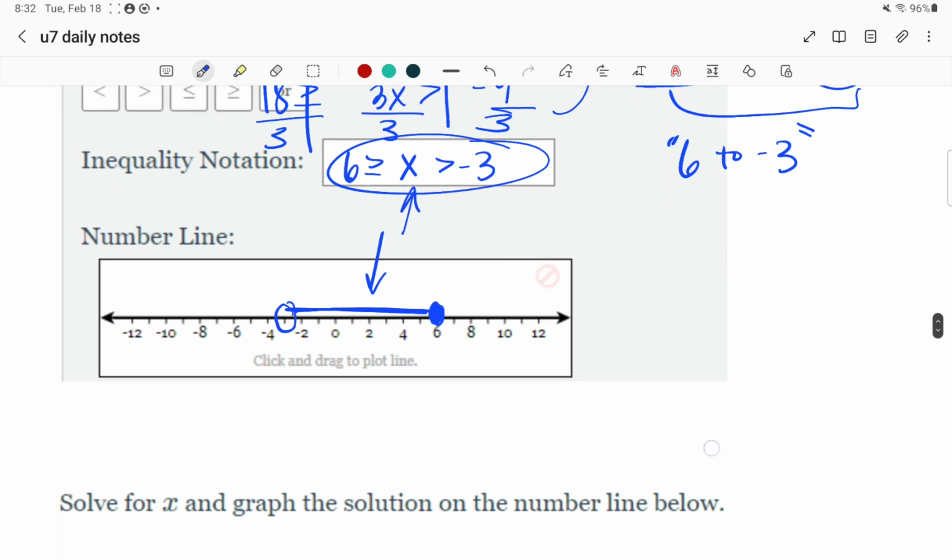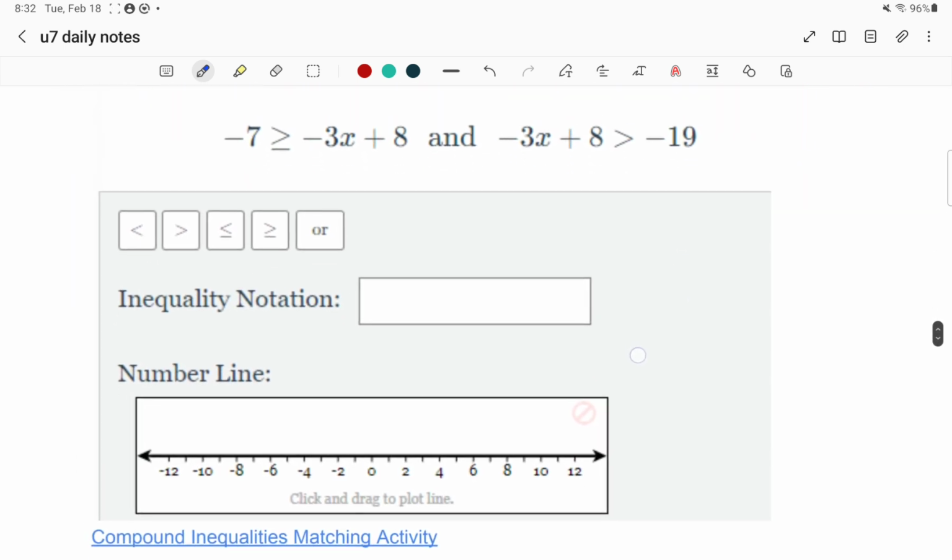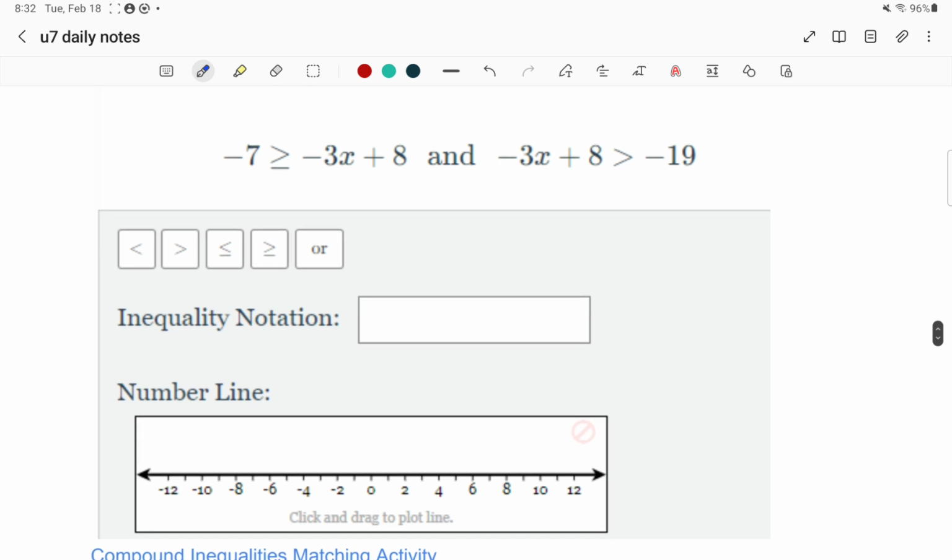Okay, let's practice an and one more time, and then I'm done. Solving for x, this is, let's see, 5 is less than or equal to x, and x is less than 9. So let's practice graphing.